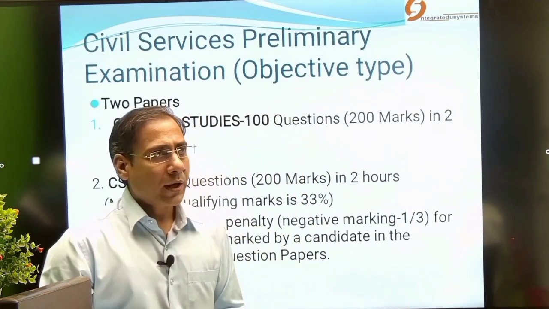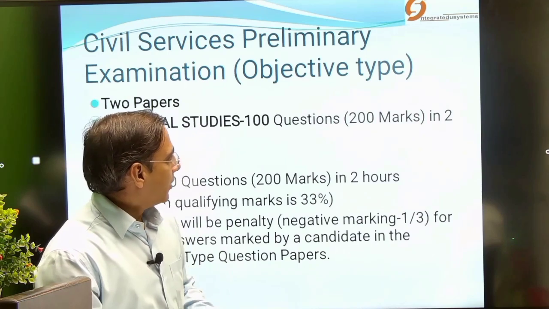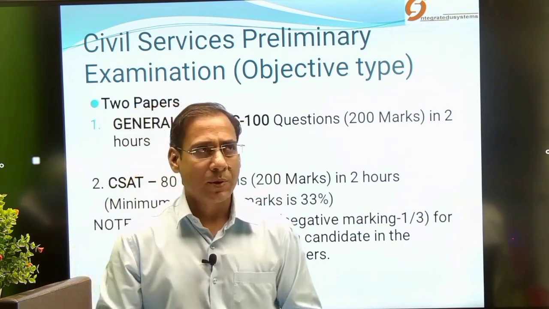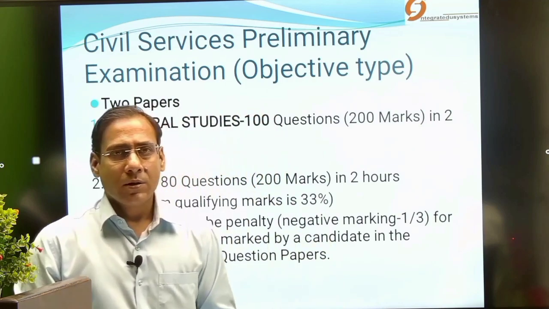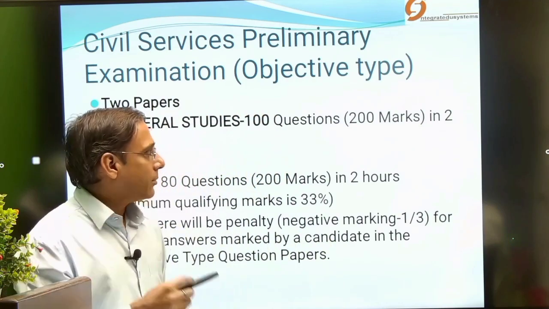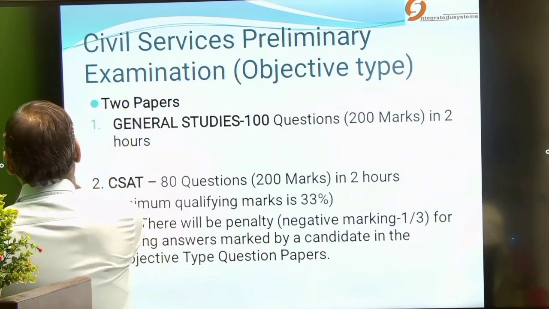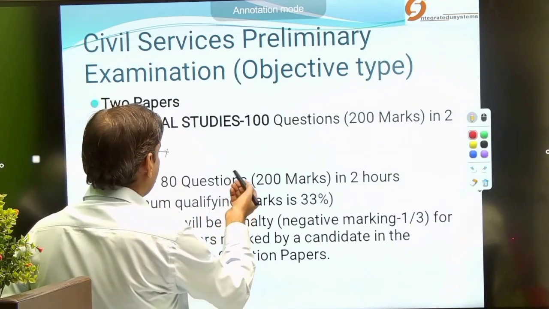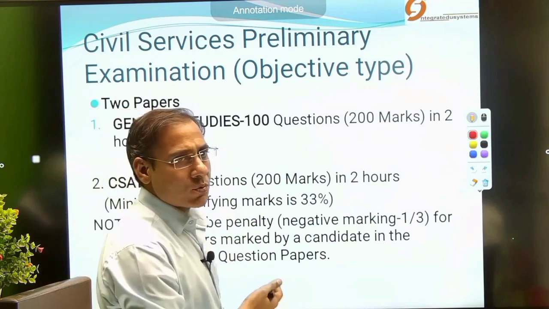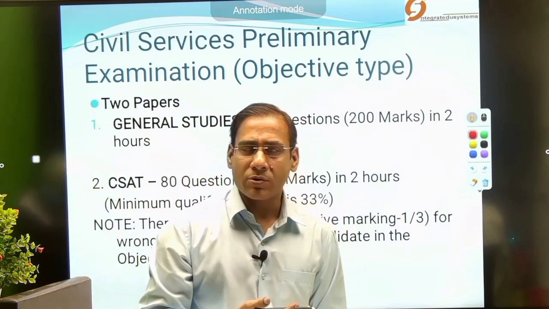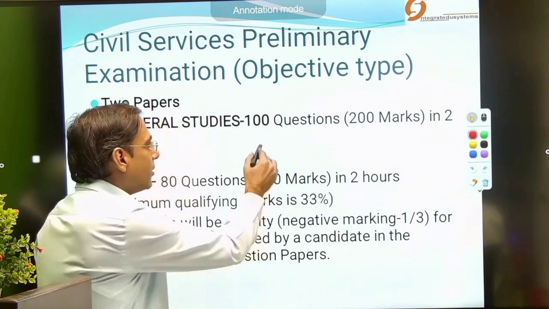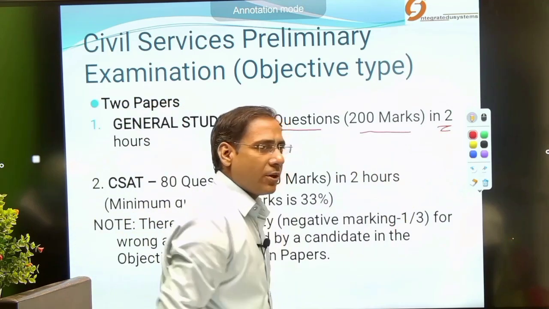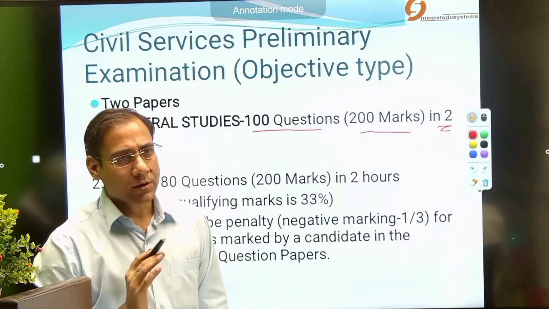Now let's look at the nature of the papers, starting with the preliminary exams. In preliminary exams, there are two papers. One is commonly known as the GS paper, General Studies, Civil Services Aptitude Test 1, having 100 items of 200 marks, and the time given to the candidate is 2 hours.